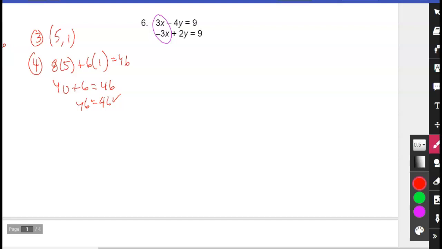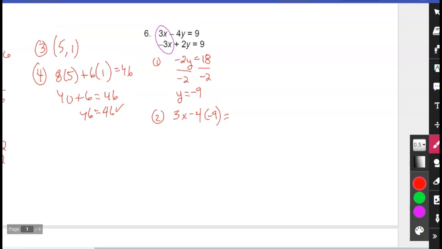Over here, I'd already suggested in my previous video that the x's are already opposite. So when we add those together, we get negative 2y equals 18. Divide by negative 2. Y equals negative 9. So then, second step, 3x minus 4 times negative 9 equals 9.